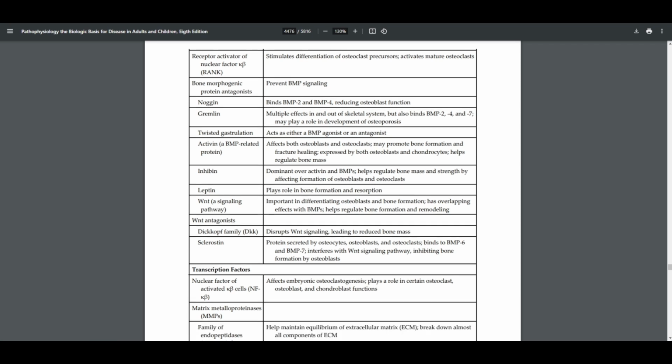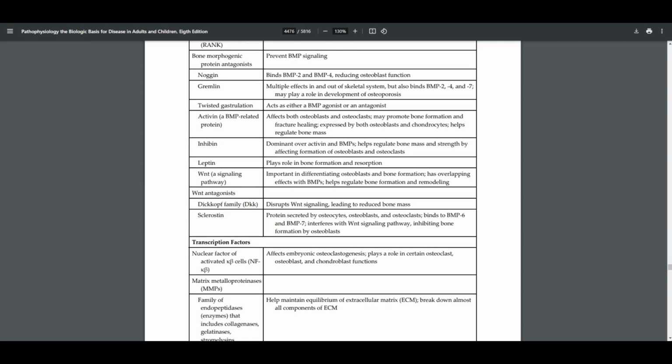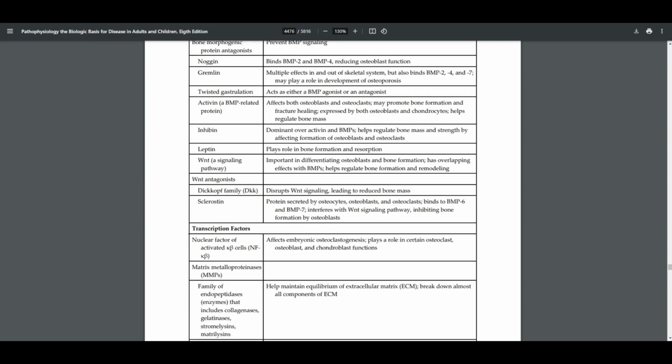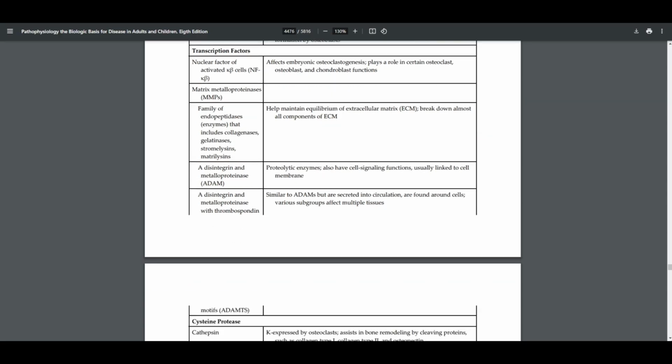Your receptor activator of nuclear factor, your bone morphogenic protein antagonists: noggin, gremlin, twisted gastrulation, activin, inhibin, leptin. The WNT pathway, your WNT antagonists, your Dickkopf family or hard-headed family, sclerostin, and your transcription factors, nuclear factor of activated kappa B cells, or NF-kB.